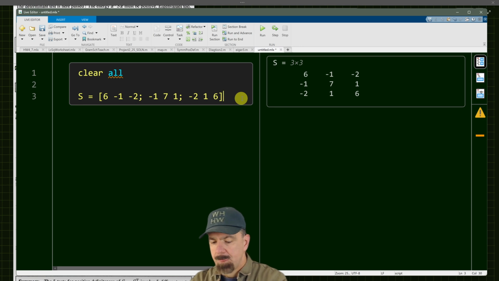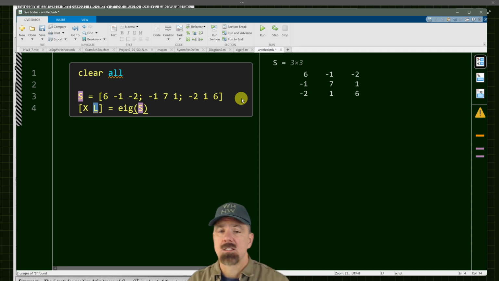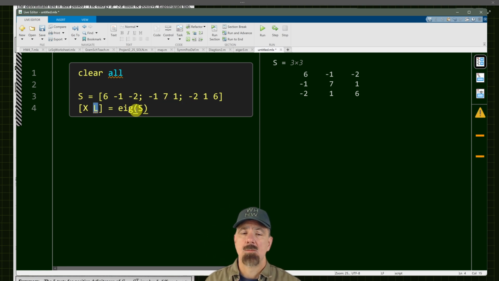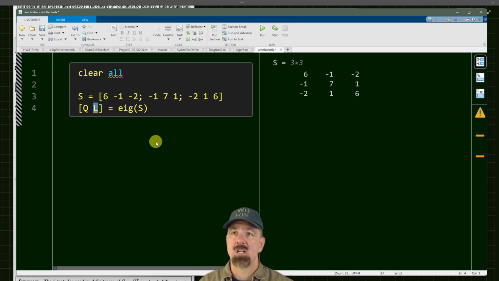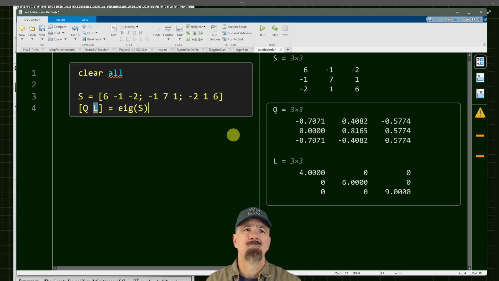We are going to start right out with [Q, L] = eig(S). The eig command gives us the eigenvalues. The first matrix that we put in here is going to be the eigenvector matrix, so in our particular case, I'll call it Q. Because S is symmetric, we're going to come up with orthogonal eigenvectors.